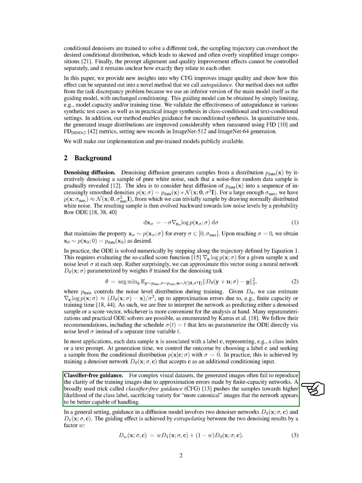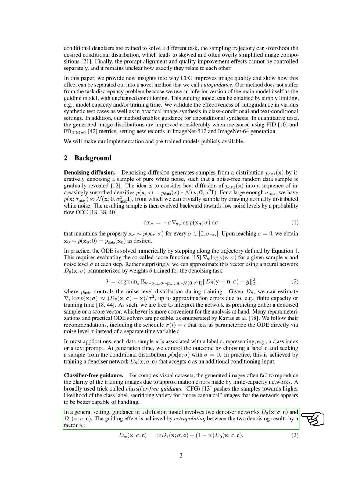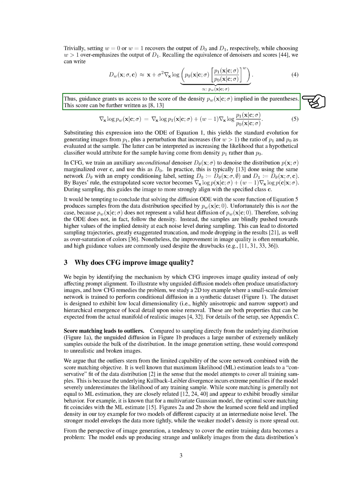CFG, a common technique, adjusts the generated samples to align more closely with the class label, prioritizing canonical images over diverse ones. In a diffusion model with two denoiser networks, the guidance is achieved by blending the results of these denoisers with a factor of 10. By adjusting this factor, we can control the influence of each denoiser on the final output.